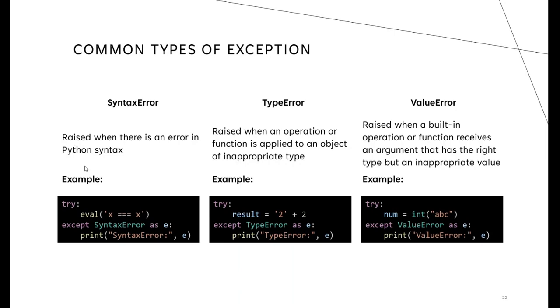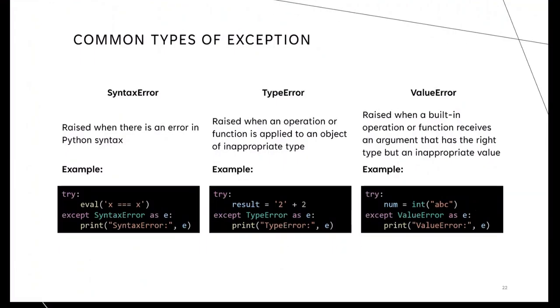First we have syntax error, like if we made any syntax wrong in any code, it will give an error. Then type error, like result equals 2 plus 2, where we can see one 2 is a string and the other 2 is a number type, so it will give type error. And value error: it will give an error that we are trying to parse ABC as an int, so it will give value error here.